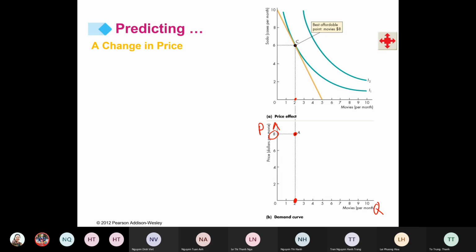So to sum up, if the price of movies is $8, in the above figure point C is the optimal combination of movies and sodas, but for movies it is illustrated by point A. And point A must lie on the demand curve for movies, because at point A, at the price of $8 per movie, these consumers will buy 2 movies.